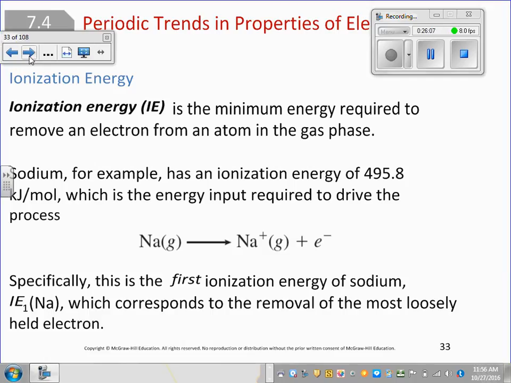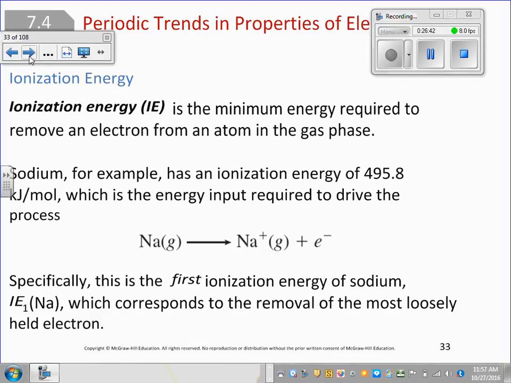Okay, let's look conceptually at this. Here's the sodium atom, here's your electron, holding on to it. So I have to come along and take this away. I have to use a certain amount of energy to pull it away. If I go down to potassium, so now you're the potassium nucleus.